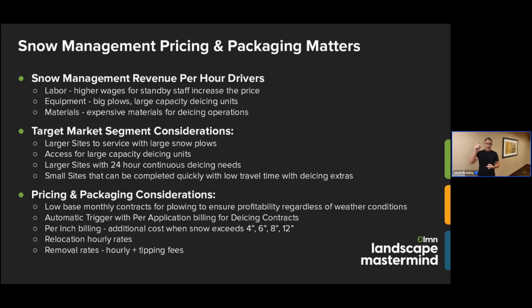Typically, the rates are a little higher than they are in the summer. Equipment, bigger plows, larger capacity de-icing units, bigger equipment sells for more money. So therefore, we've got higher revenue per hour. And then on the material side of things, you can't get more expensive material per ton than salt. It's extremely expensive. The other de-icing materials, bagged products, liquids, all very expensive.